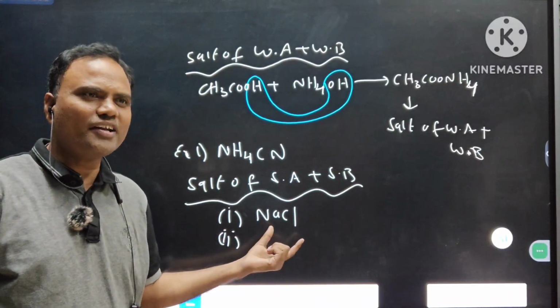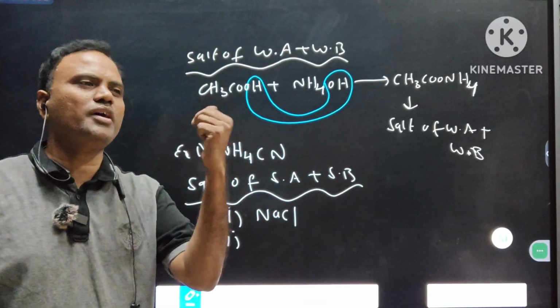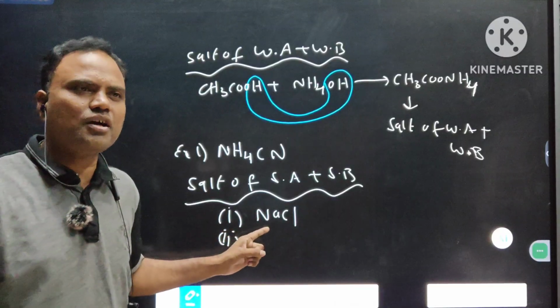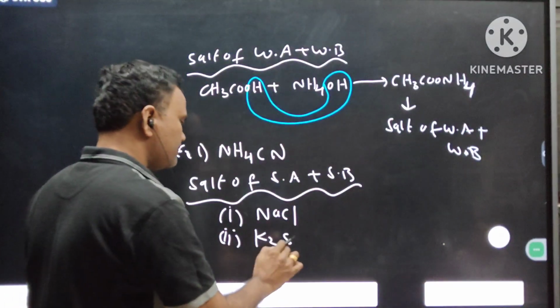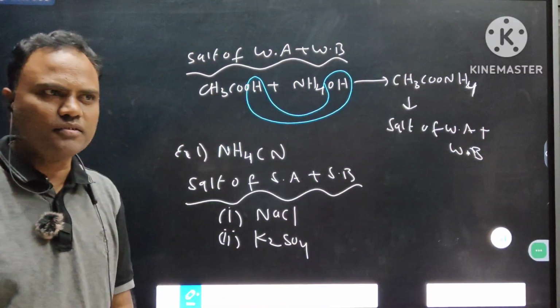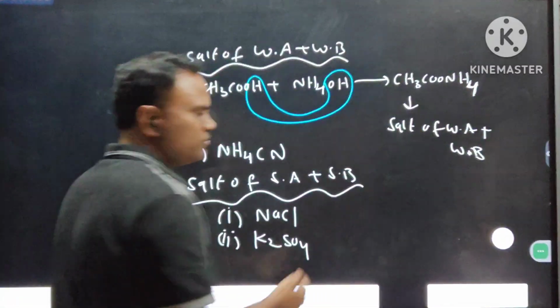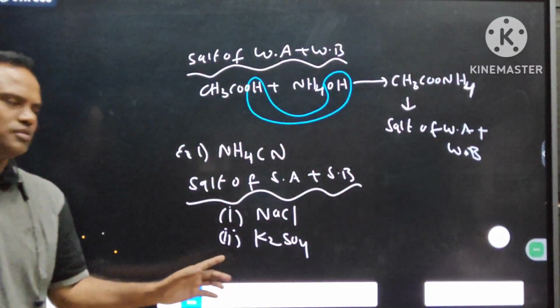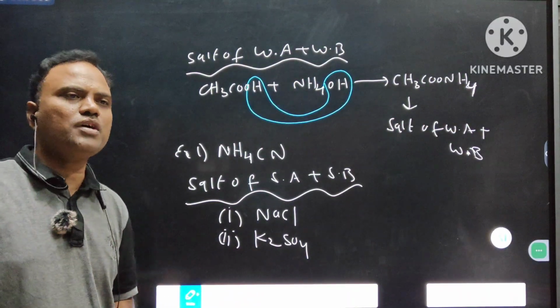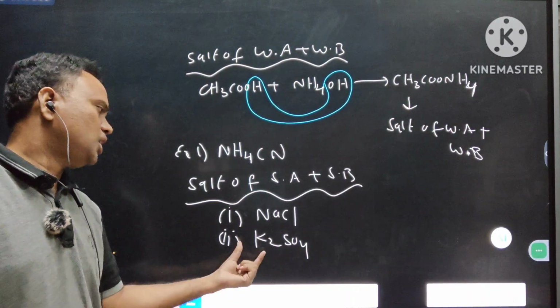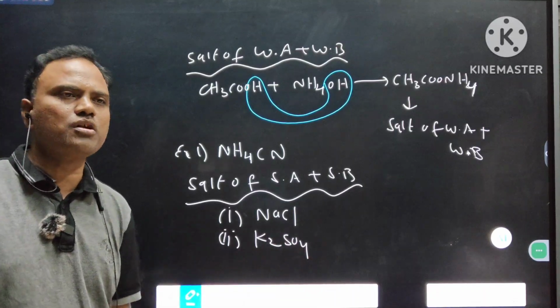Which of the following salts does not undergo hydrolysis? Answer is salt of strong acid plus strong base. Why? Can you guess the reason? I'll tell you the reason also during that concept. Clear? That's why the idea is very important. K2SO4 is the type of salt of strong acid and strong base only. KOH and sulfuric acid both are strong.